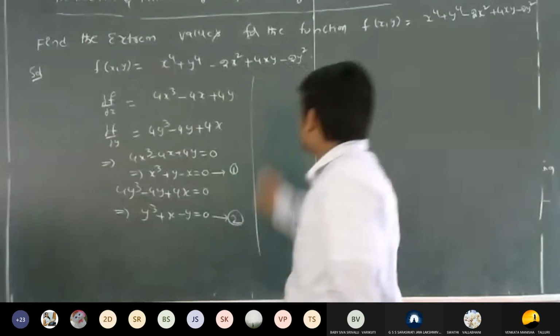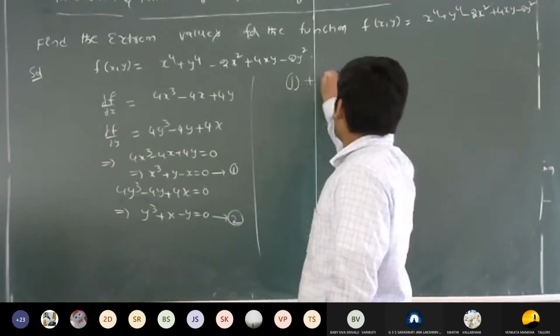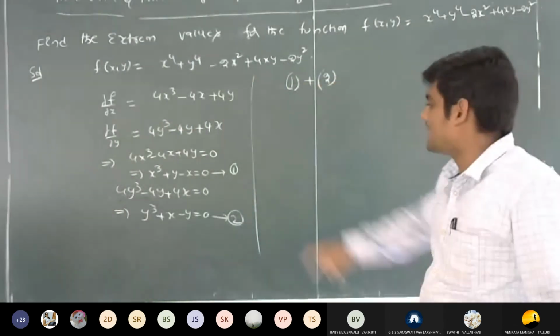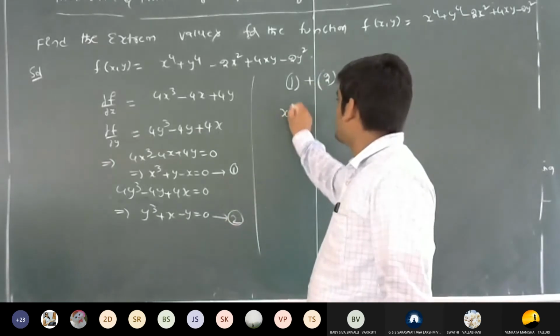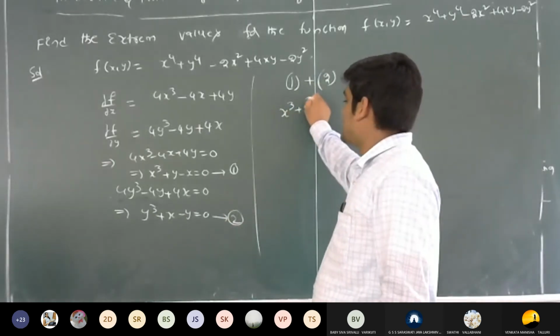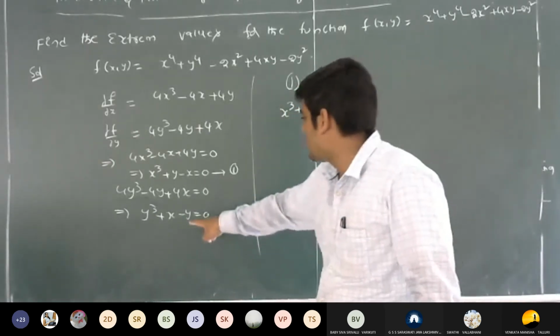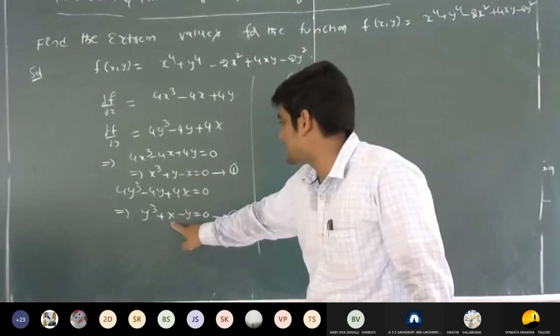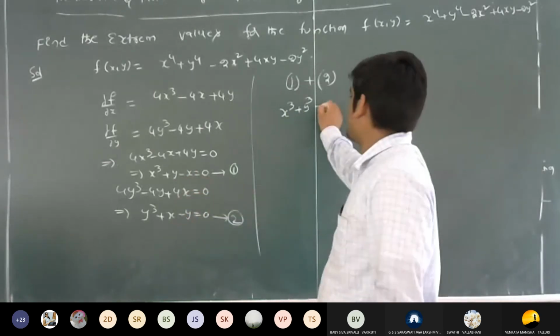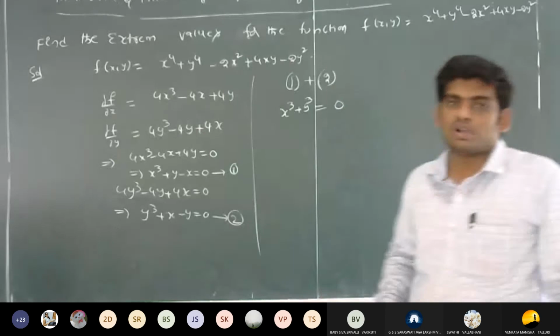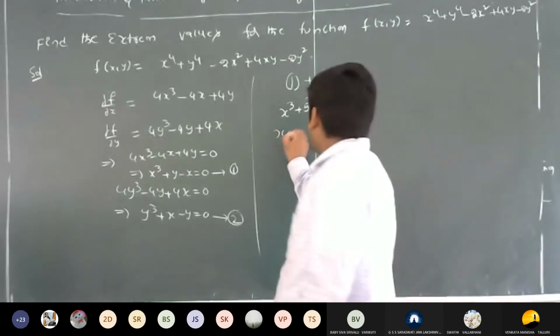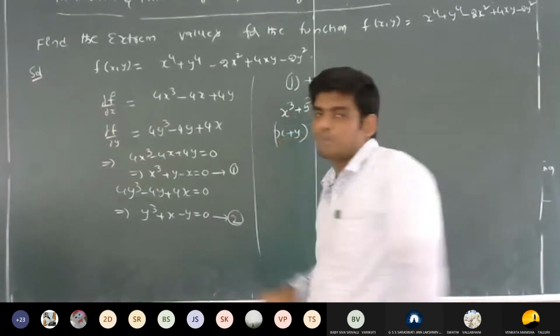So for that, I am adding 1 and 2. It becomes x cube plus y cube, since minus x cancels with plus x and plus y cancels with minus y. So x cube plus y cube is equal to 0. What is the formula for a cube plus b cube?